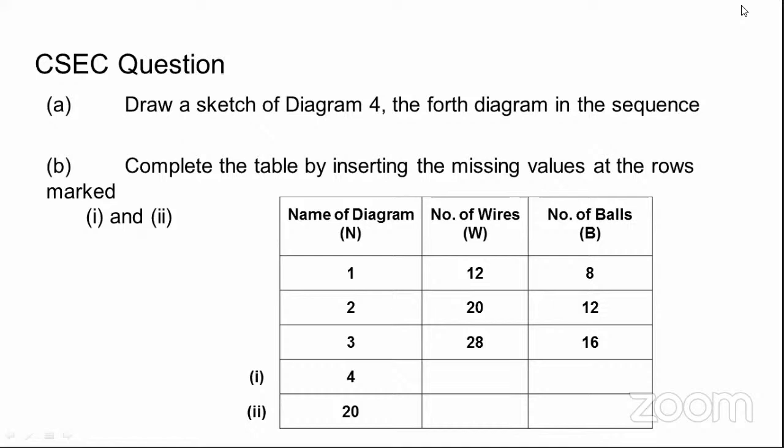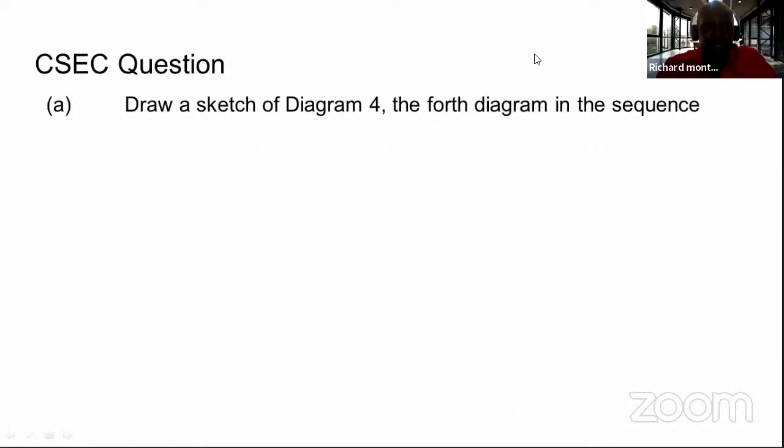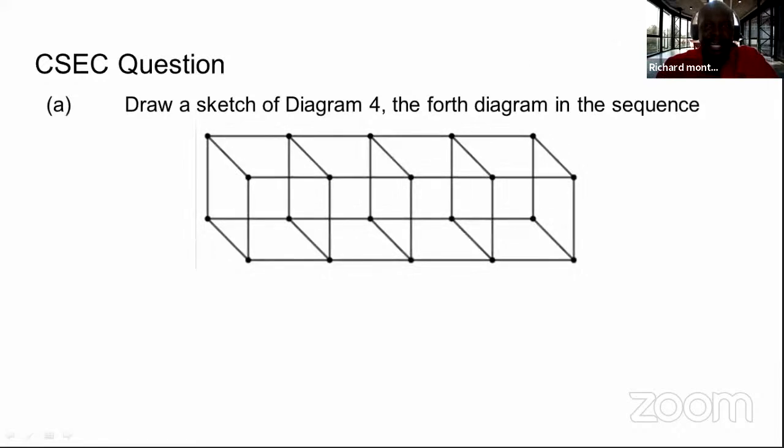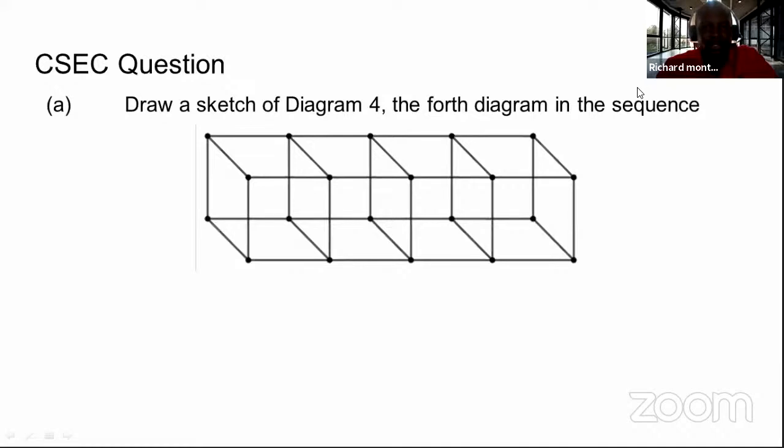All right, so Akeem is saying 164 wires and 84 balls for diagram 20. All right, so our sketch of diagram 4 would look something like this. I'm hoping that's what you have so far. So our sketch of diagram 4 would look like this.